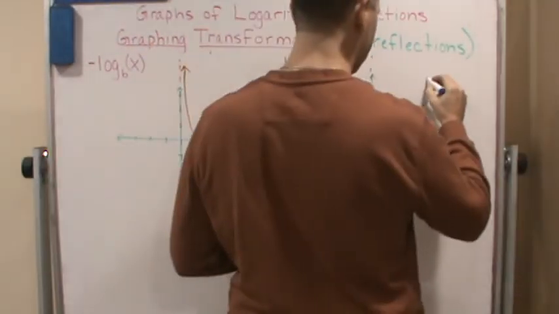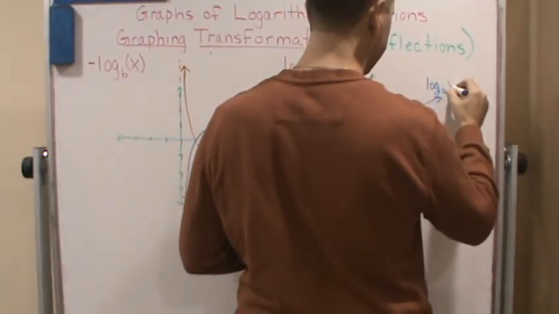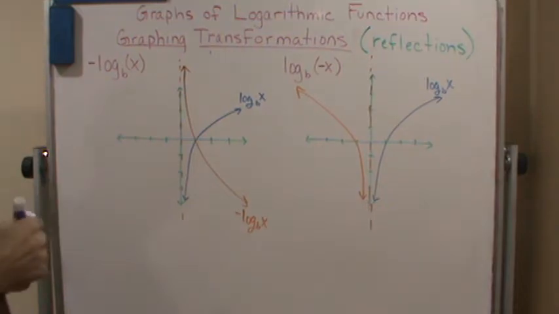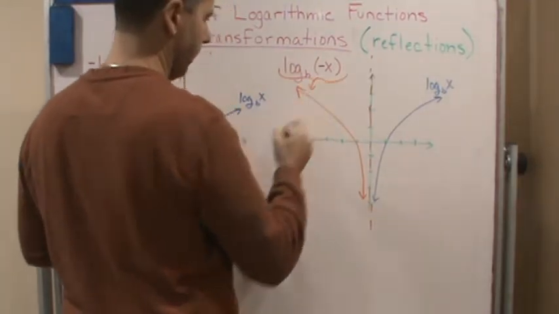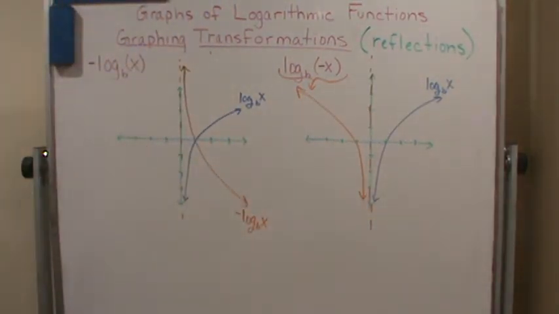So again, this would be your log base b of x, and that would be your log base b of -x. So the reflections are just the same as we talked about when it came to exponentials.